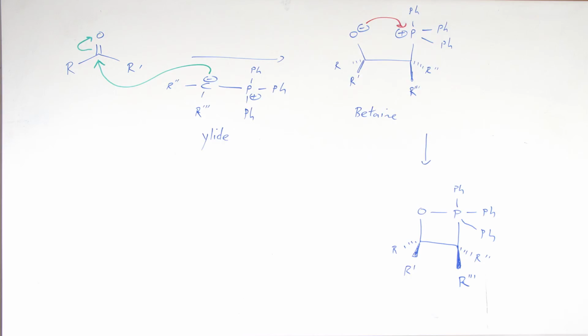All right, 4-membered ring, ugly. This is an oxaphosphetane. We've dealt with 4-membered rings. They're not completely unreasonable. We can have them.